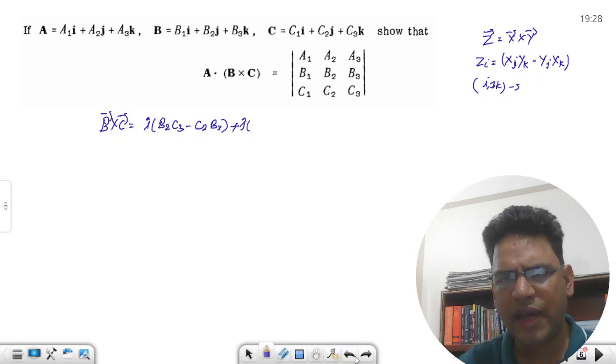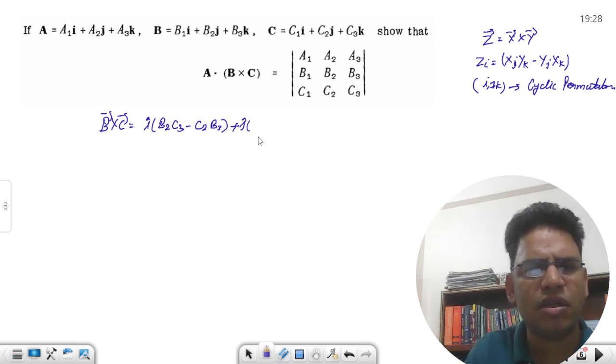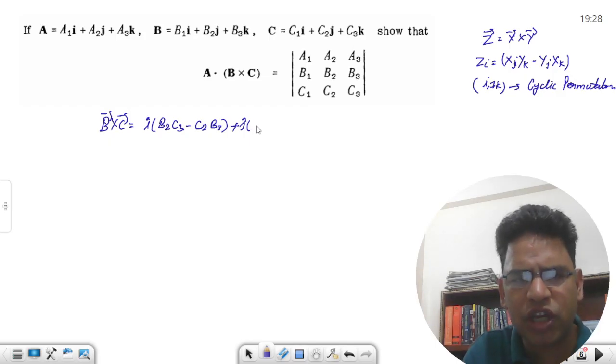Where I am using i, j, k in the cyclic permutations.